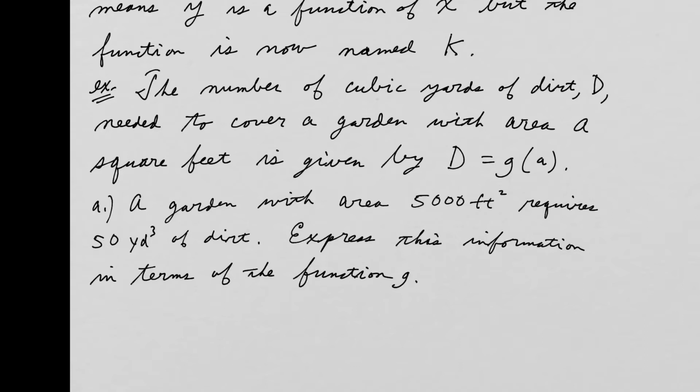What is our output? Remember, A is the input, the area, and the output is the number of cubic yards of dirt. We know it has the form D is equal to G of A. In this case, D is the 50, so 50 cubic yards is equal to G of the area, which was 5,000. So that's how it would be written: 50 equals G of 5,000.